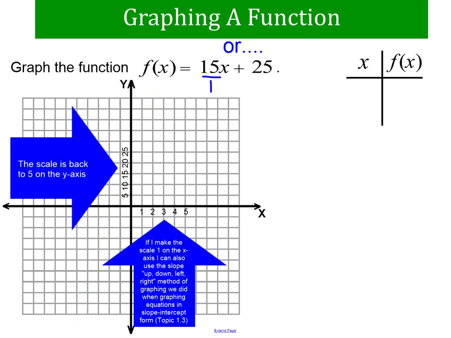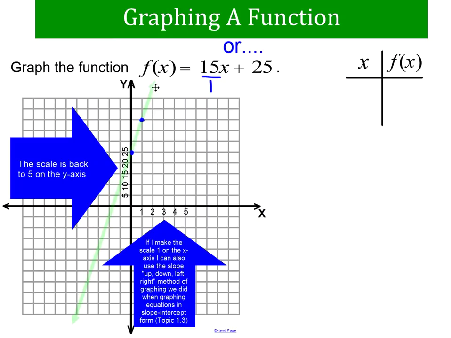Now here, I can graph according to that exact same method that we used in topic 1.3 as I detailed here. I start at 25, I go up 15, keeping in mind that this scale along y is by 5s. 5, 10, 15, right 1. That's the second coordinate point on my line.